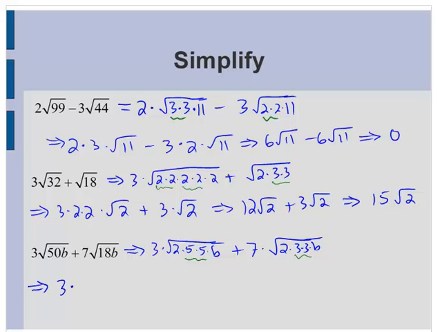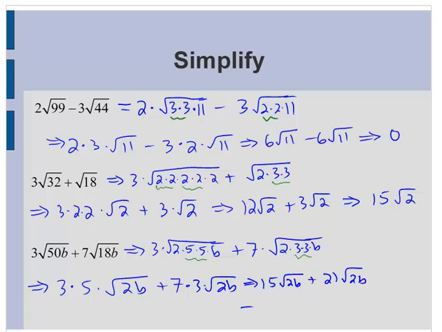So that would give me 3 times 5 times the square root of 2b, plus 7 times 3 times the square root of 2b, or 15 times the square root of 2b, plus 21 times the square root of 2b, and 15 plus 21 is 36, so 36 times the square root of 2b.